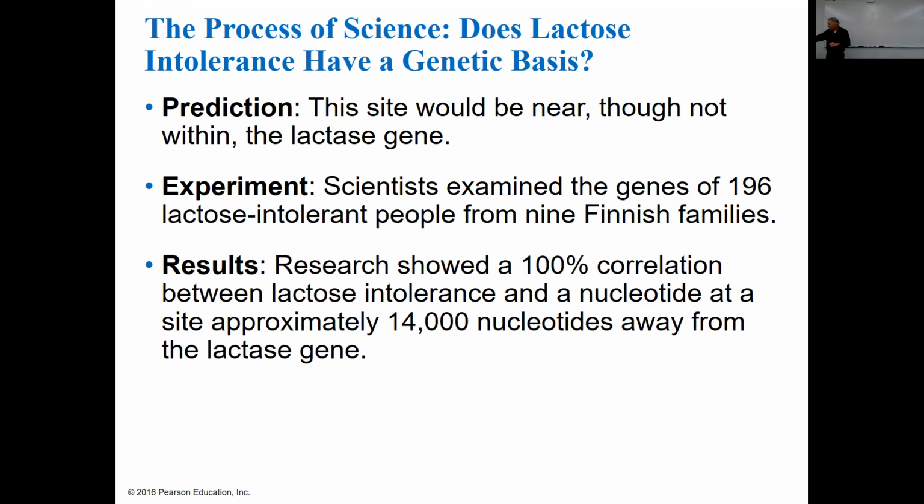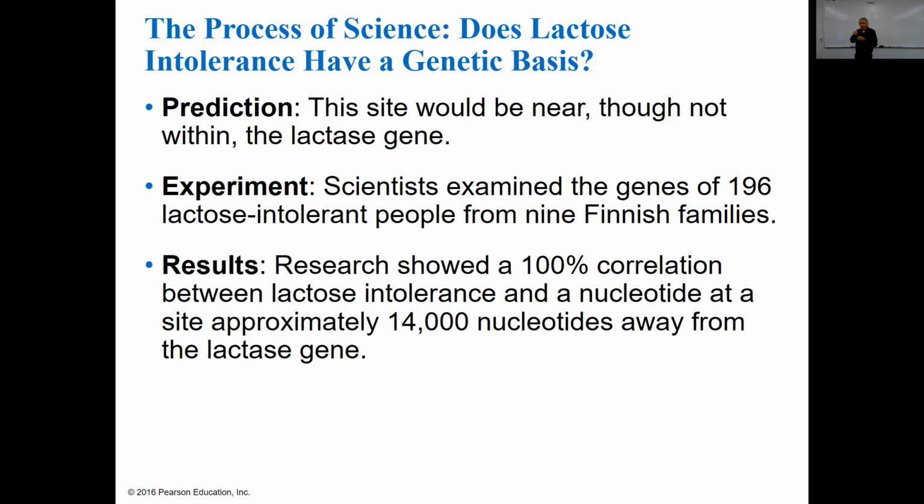So they examined the genes of 196 lactose intolerant people from 9 Finnish families. Research showed a 100% correlation between lactose intolerance and a nucleotide at a site approximately 14,000 nucleotides away from the lactase gene. So this had to be a site that turned off the lactase gene.